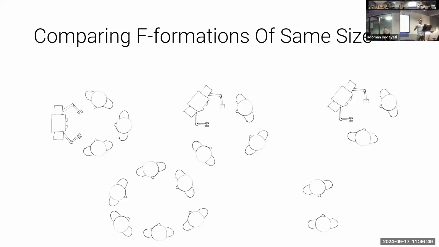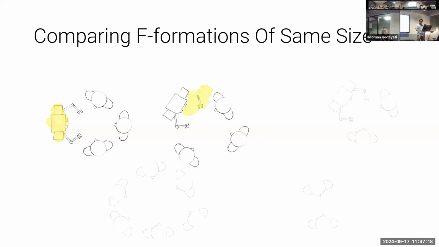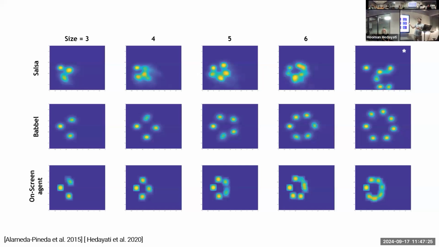So how can we do that? While I was cleaning the data sets, I found that if we have conversations of the same size, for example a conversation of size 4, and we pick two random people and overlay and transform those two formations on top of each other like this, and do it for all the sizes and all the formations, we get a heat map like this.